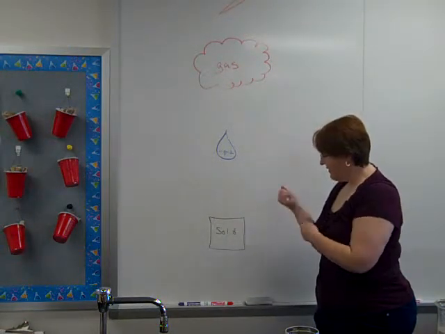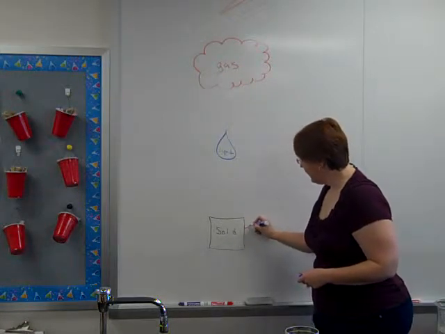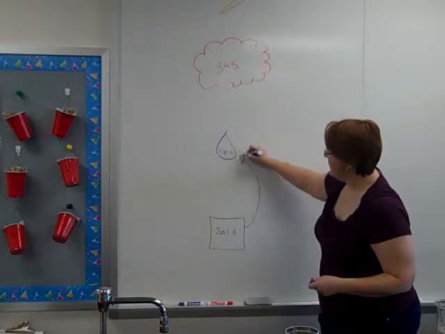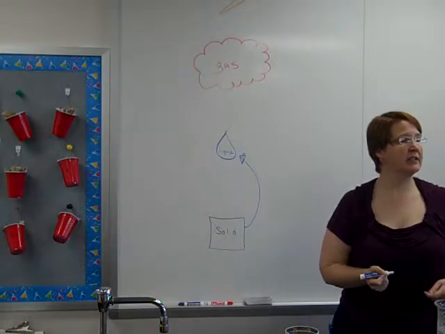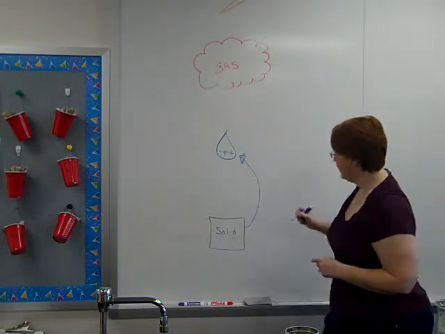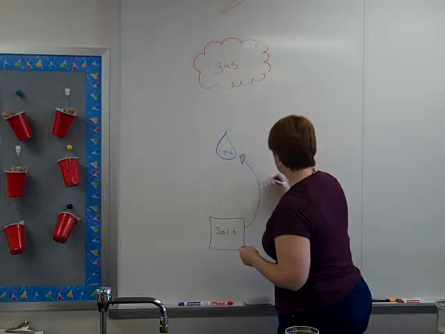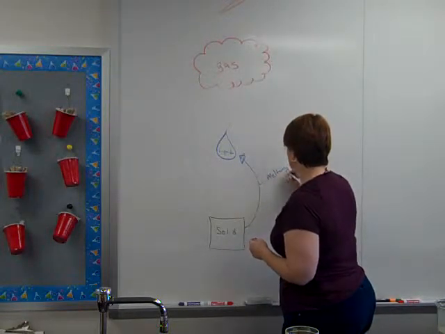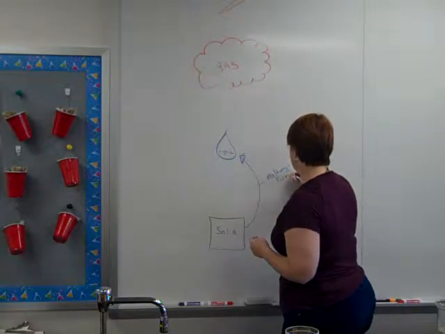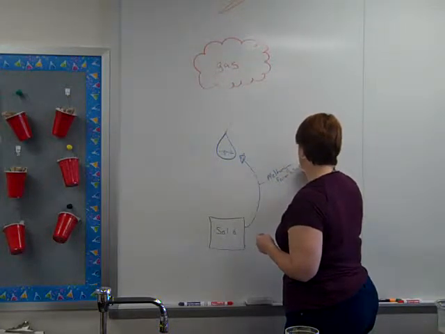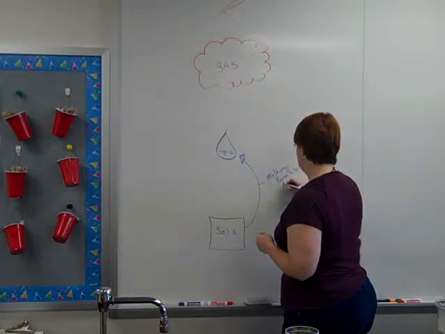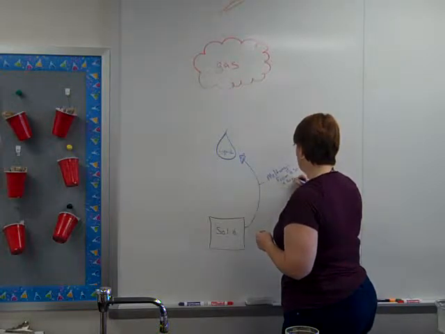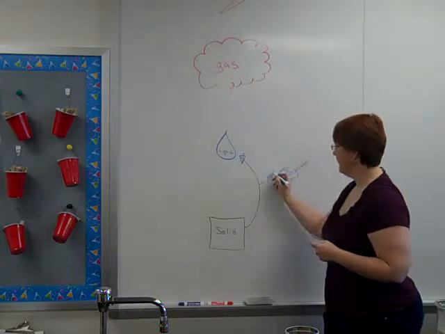Now, if I have something that's going from a solid to a liquid, what is that change of state called? Melting. Melting is correct. It's from a solid to a liquid.